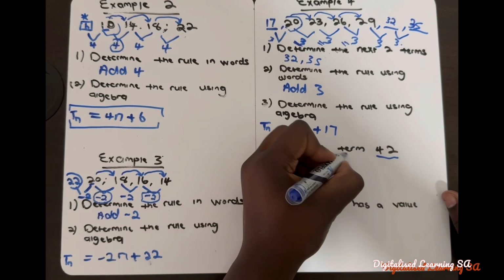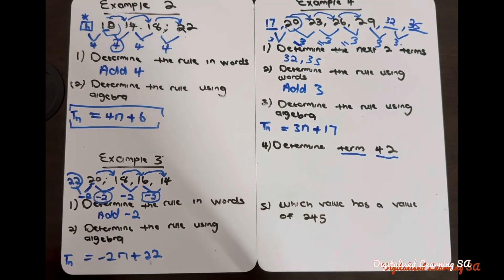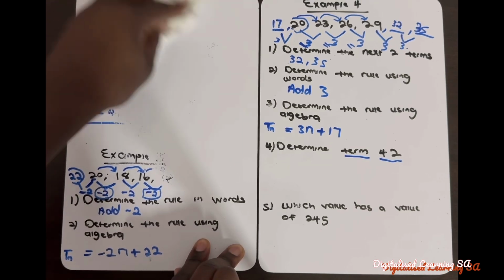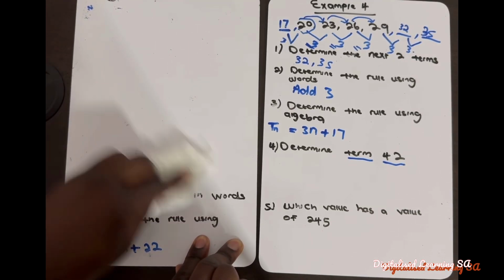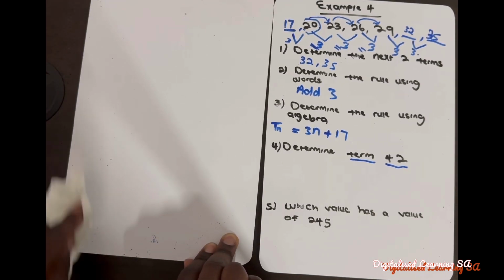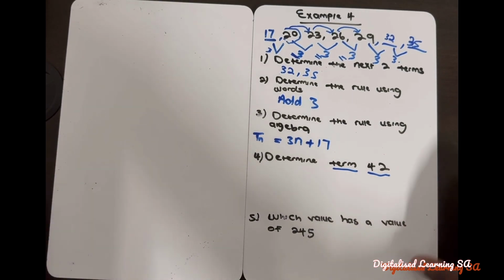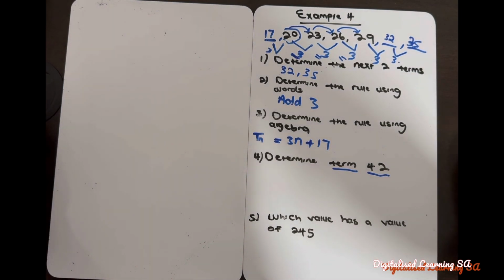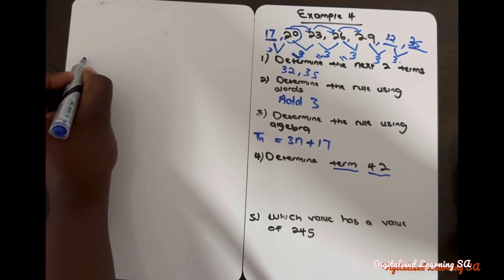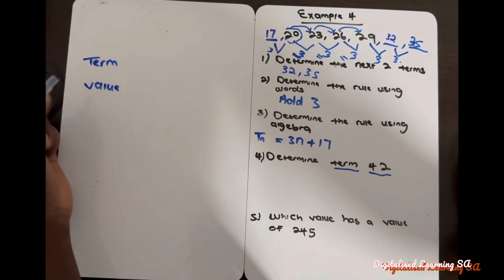Determine term 42. In this case, I think we'll need space to do that. So let's just clear this side first so that we can work it out. What you need to understand is that we have term and then we have value.